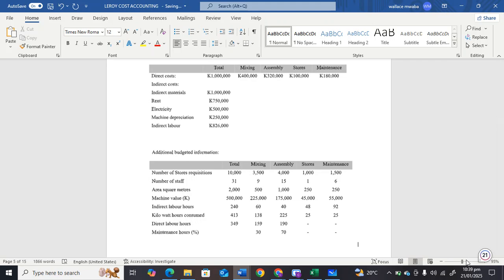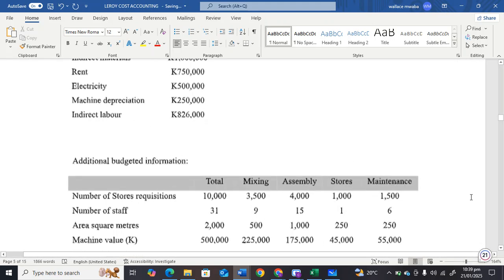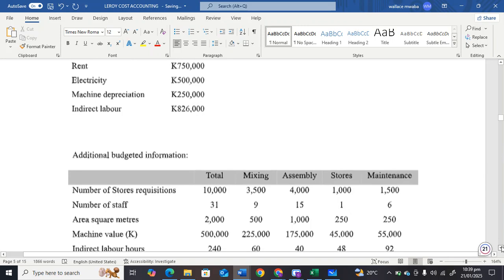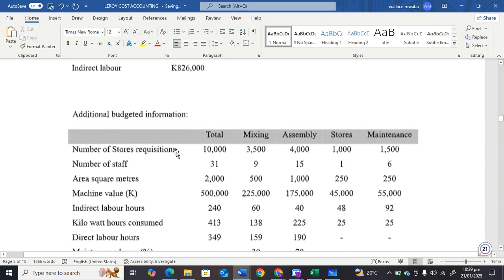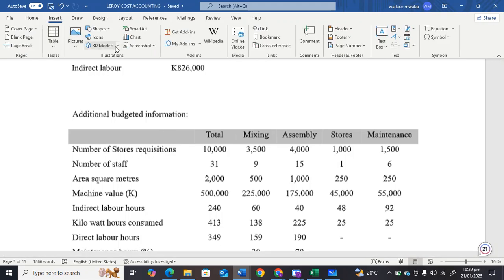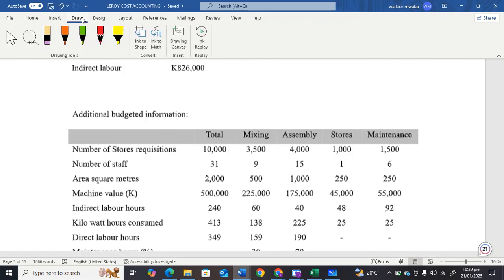So we come to this table here and ask what is going to be the suitable base for apportioning indirect materials. When you're choosing it, there are no standard rules, but you have to choose something that's directly related to that overhead.